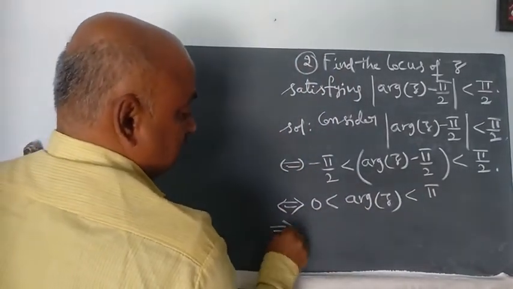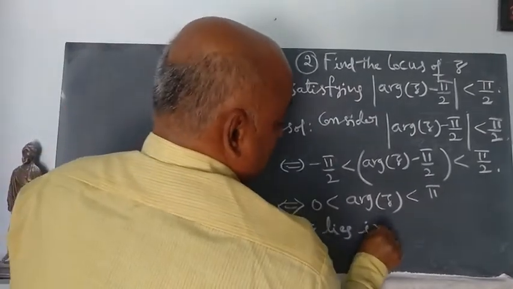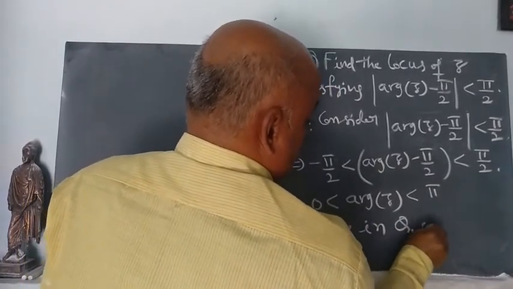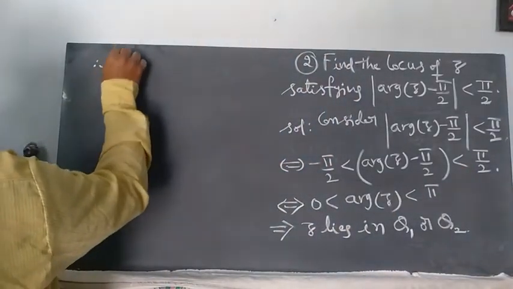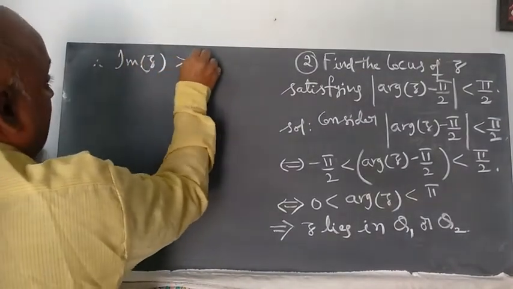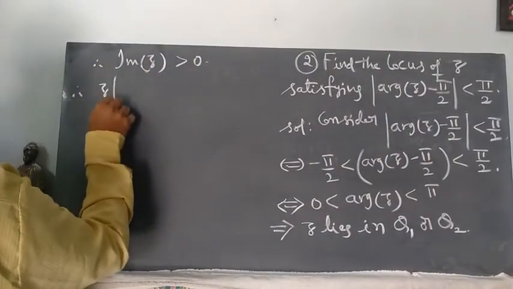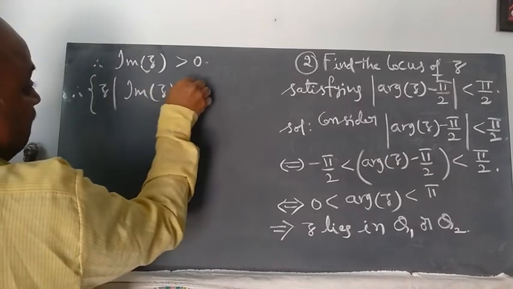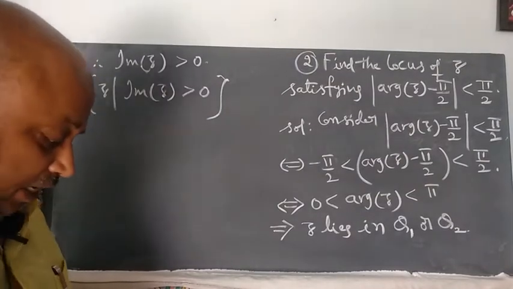So this implies z lies in the first quadrant or second quadrant. Therefore, imaginary part of z is greater than 0. Therefore, the locus of z is z such that imaginary part of z is greater than 0. This is the second problem.